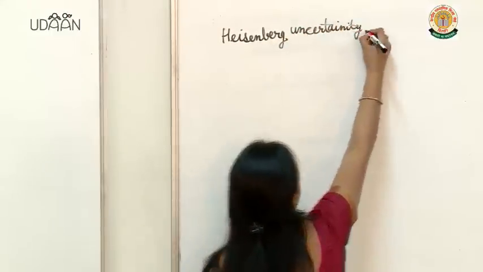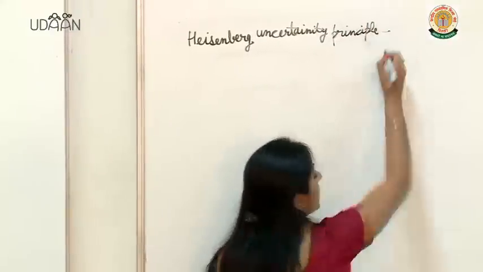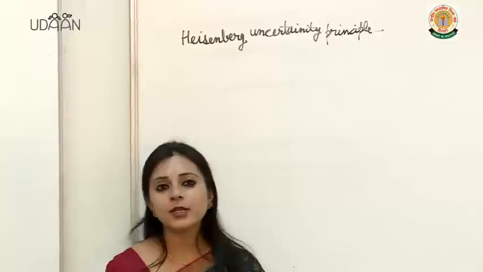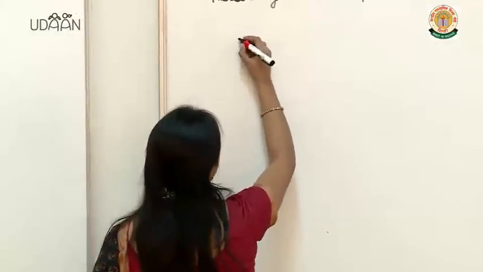Heisenberg uncertainty principle. Now what is the statement of this principle? It says that it is impossible to measure simultaneously the position and momentum of an electron or a particle with absolute accuracy, and if we try to measure one of these quantities accurately, the other becomes uncertain. How do I express that mathematically?